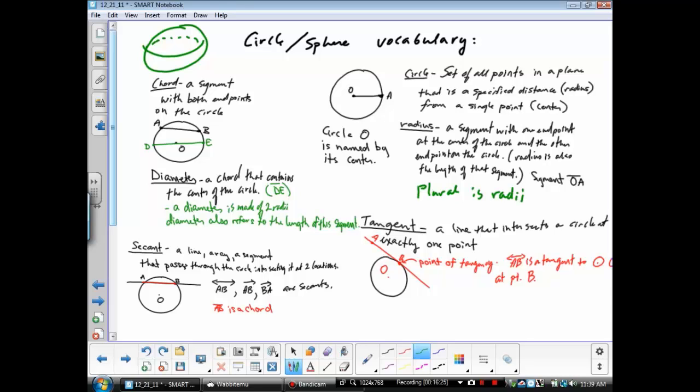Now since my board is going slow, it's kind of hard for me to draw. It's all grouped, so that would be kind of what you're looking at. This sphere has a center. We can call it center O as well.